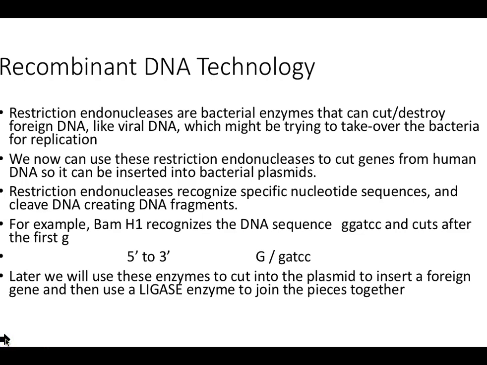All right, we're on to the next one, which is recombinant DNA technology. And here we know that in the lab that we did, we took a piglo gene from a jellyfish, and it was inserted into a plasmid that is bacterial in origin, as well as an antibiotic-resistant gene for ampicillin.